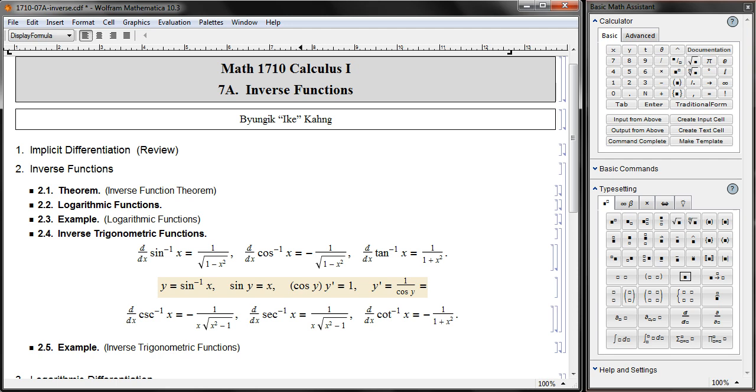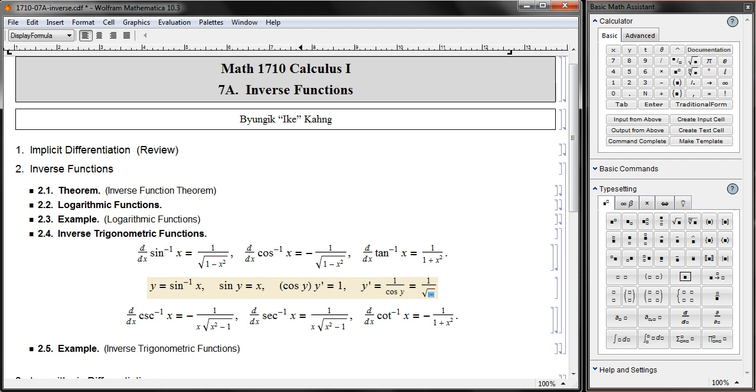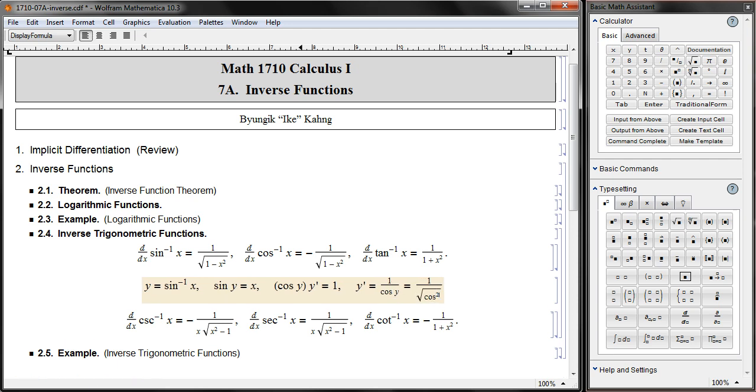This is the correct derivative, yes, but it's a y expression. We have to express it in terms of x, and there comes a bit of a strange step: cosine squared of y, and then we apply the Pythagorean identity, 1 minus sine squared of y, excuse me, and remember sine of y is x, so 1 over the square root of 1 minus x squared.